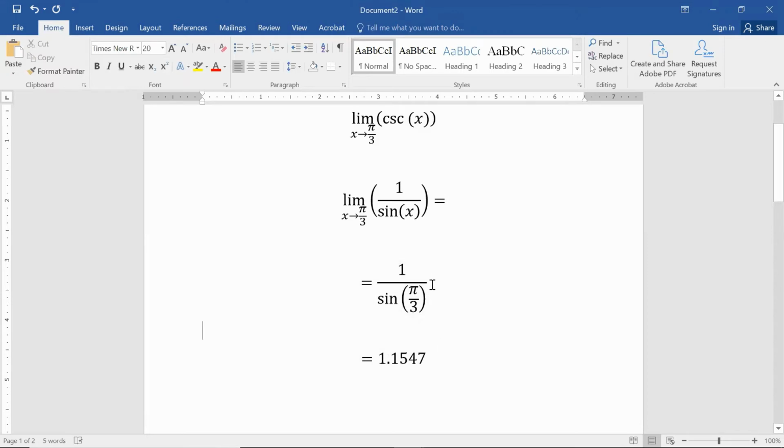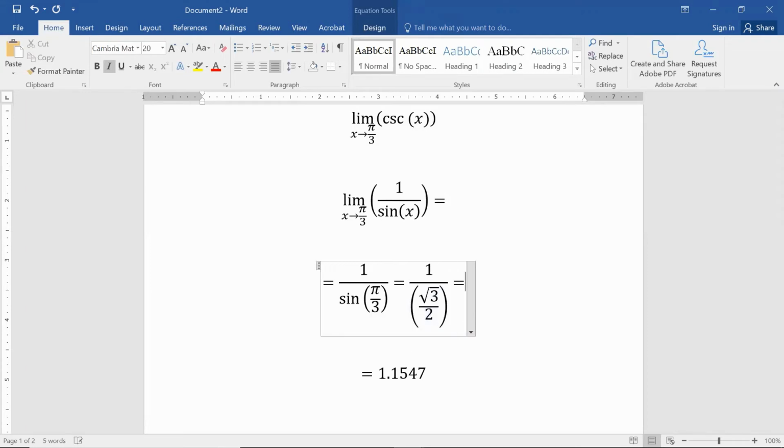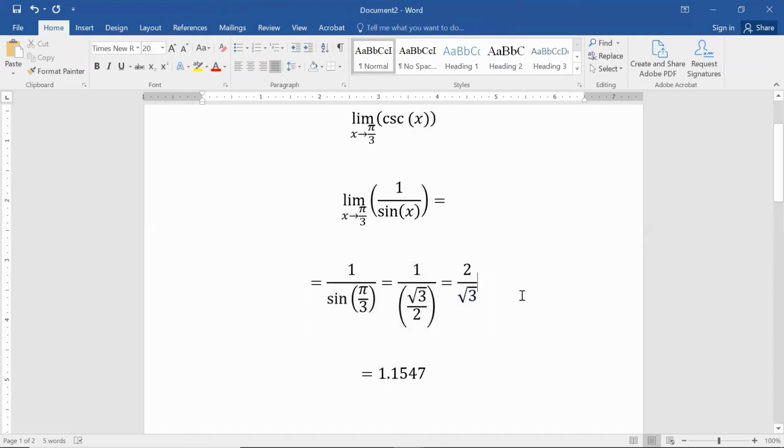If you wanted to give an exact answer, you could have realized that sine of pi over 3 is root 3 over 2, and you could have called that 2 divided by root 3 if you wanted an exact answer.